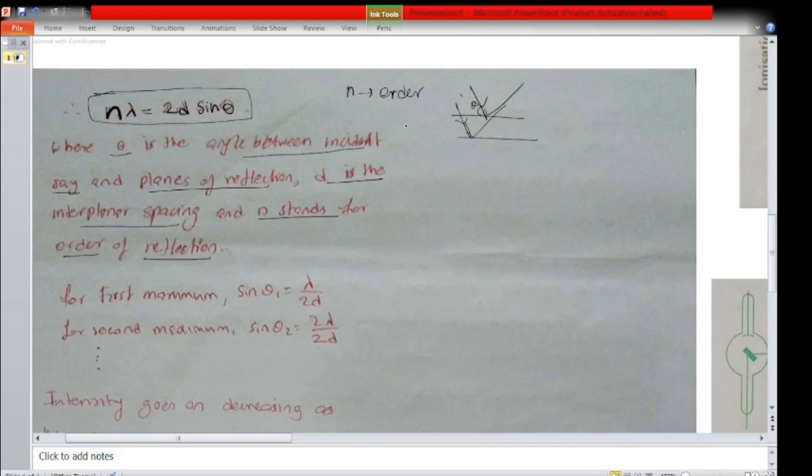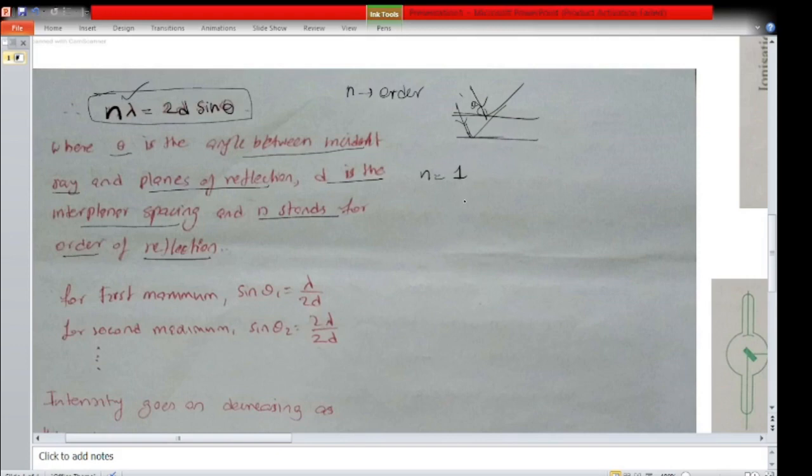It depends on the value of theta. When you consider n lambda, for example the first maximum, n equal to 1, then lambda equals 2d sine theta.